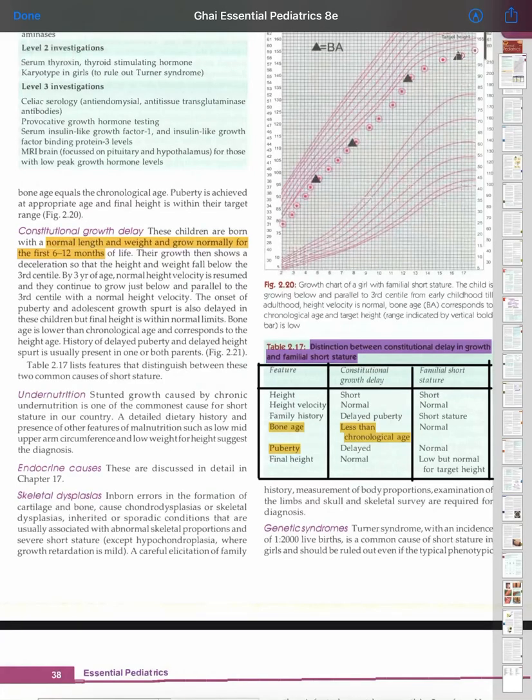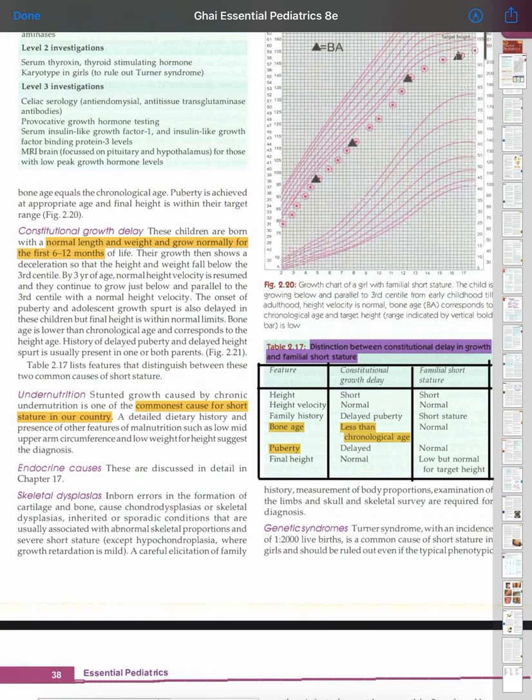Undernutrition. Stunted growth caused by chronic undernutrition is one of the commonest causes of short stature in our country, India. Detailed dietary history and presence of other features of malnutrition such as low mid-upper arm circumference and low weight for height suggest the diagnosis.